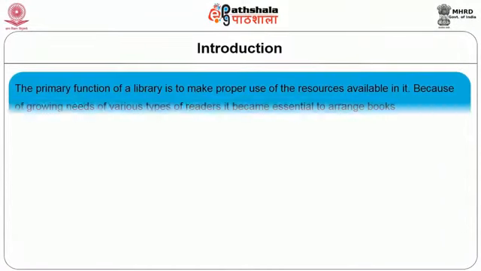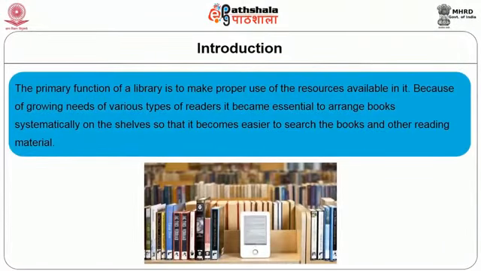It introduces that the primary function of the library is to make proper use of the resources available in it. Because of the growing needs of various types of readers, it became essential to arrange books systematically on the shelves so that it becomes easier to search for books and other reading material.